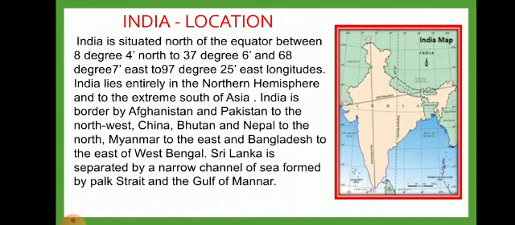India is situated north of the equator between 8 degrees 4 minutes north to 37 degrees 6 minutes north, and 68 degrees 7 minutes east to 97 degrees 25 minutes east longitude. India lies entirely in the northern hemisphere and to the extreme south of Asia.